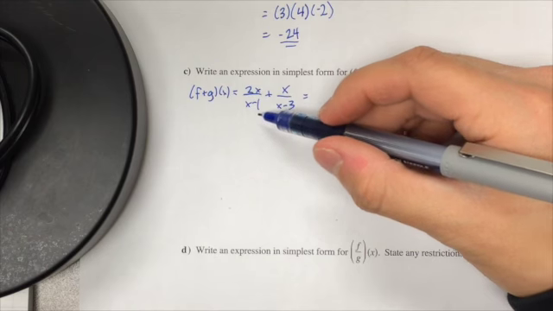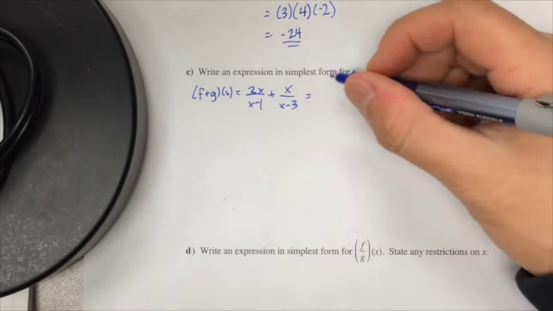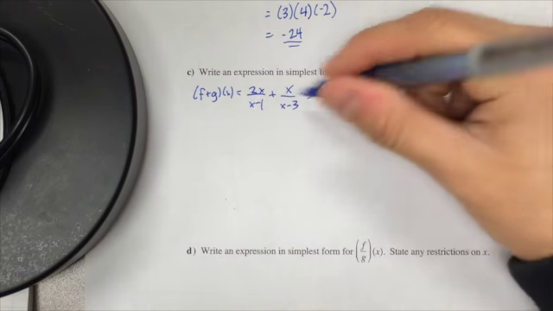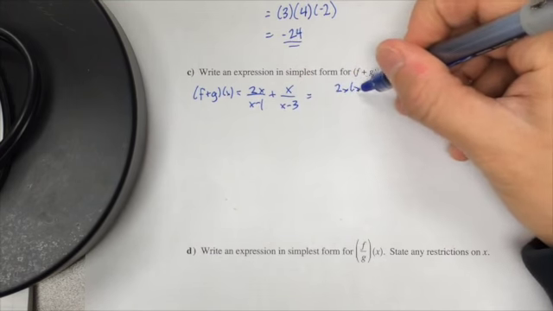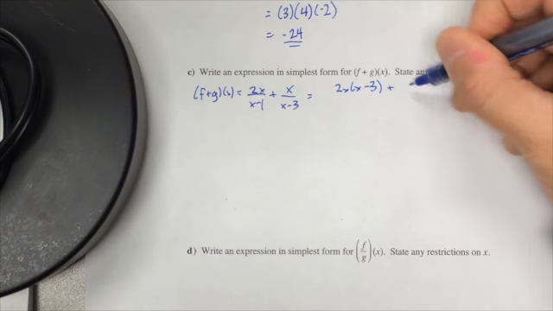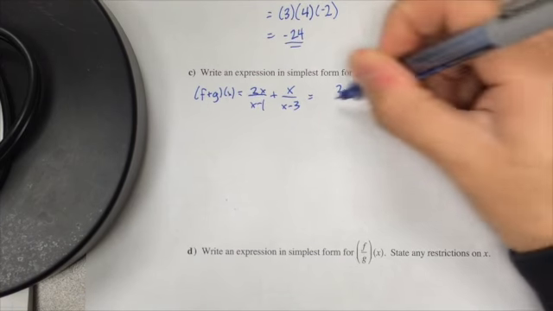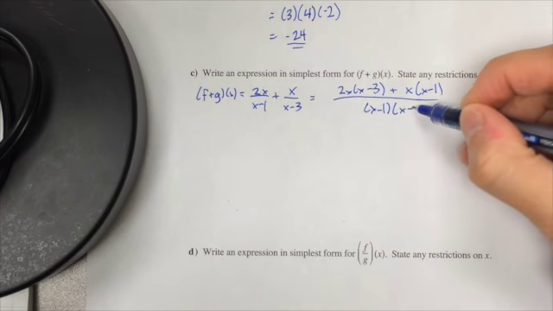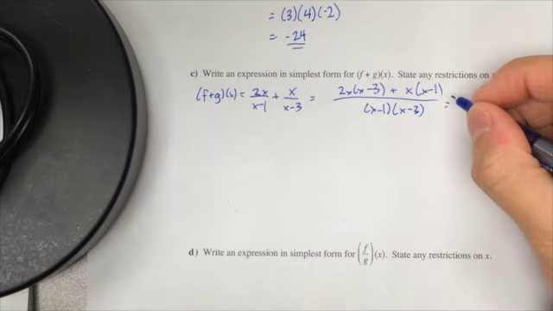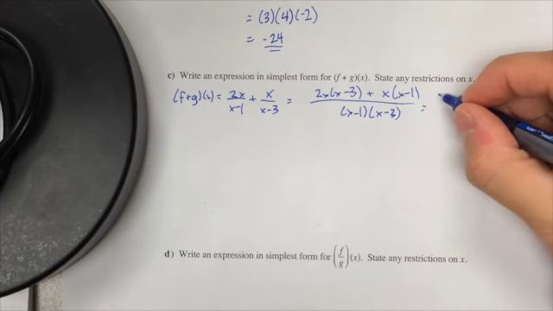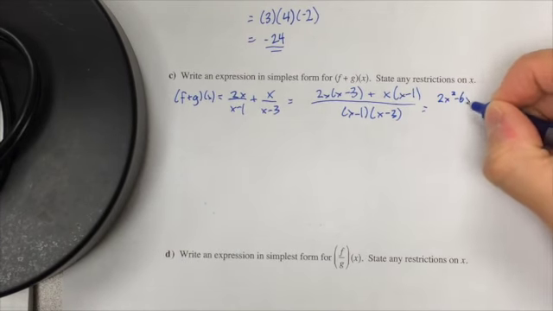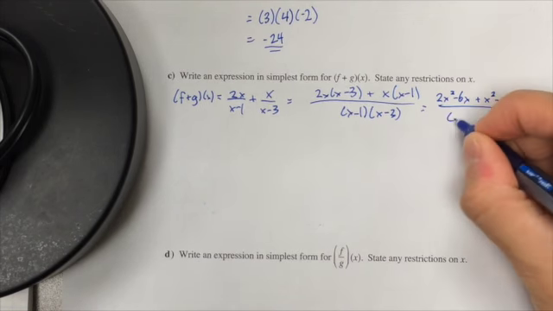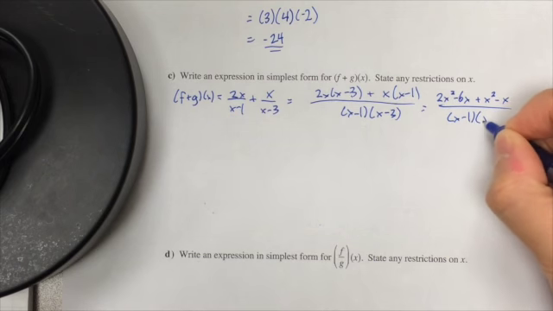In this case, our common denominator will be x minus 1 times x minus 3. In order to get x minus 3 on this side, I have to multiply by x minus 3. So that'll be 2x times x minus 3 plus x times x minus 1 over the common denominator of x minus 1 times x minus 3. And now we need to expand, and I'm going to get 2x squared minus 6x plus x squared minus x all over x minus 1, x minus 3.